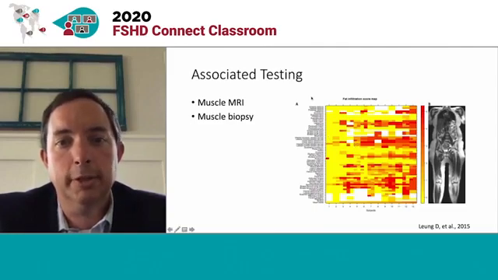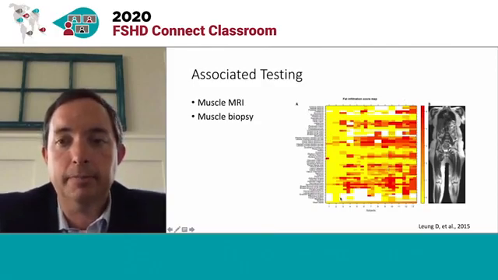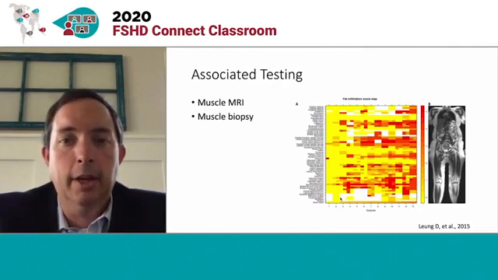What you can see here is a series of muscles and the amount of fat that's seen in those muscles across different people, and you can see that it's quite scattered, the amount of fat that's replaced there and what that actually means for those patients. This is not commonly used in clinical practice, but rather is commonly used in research and measuring progression that way.